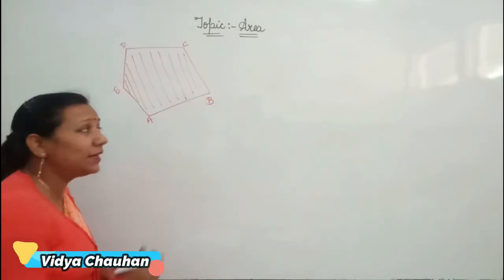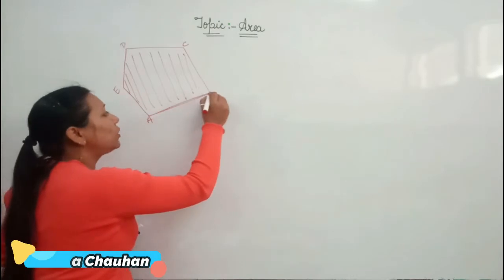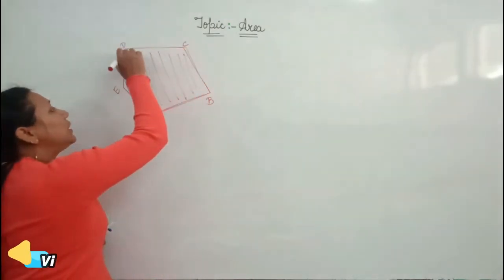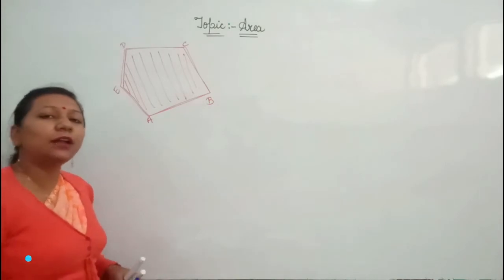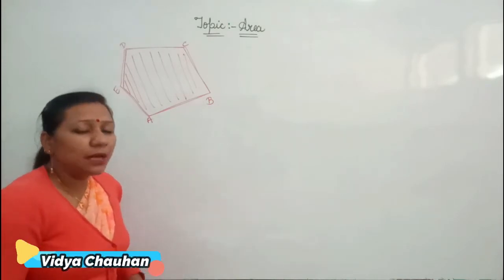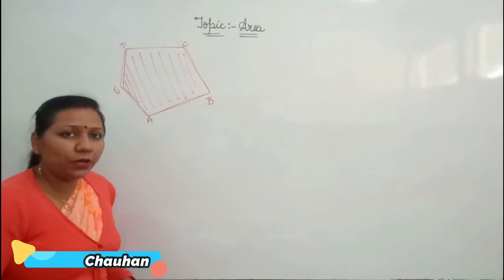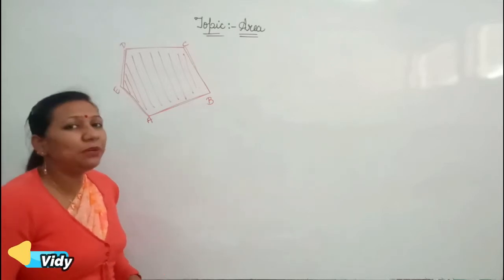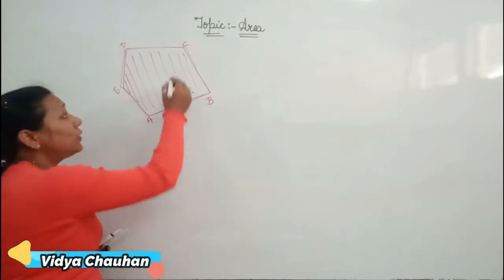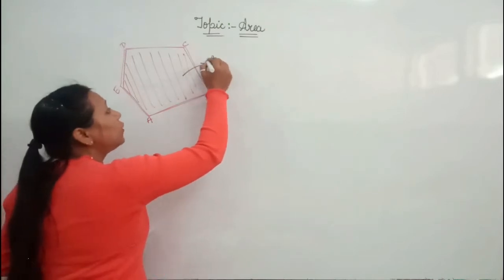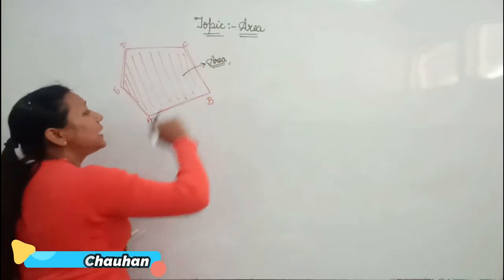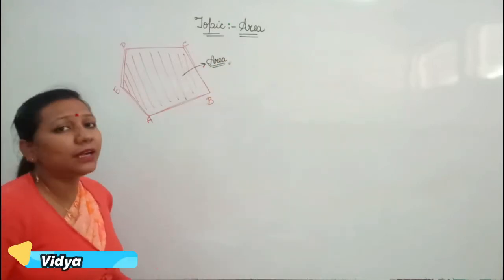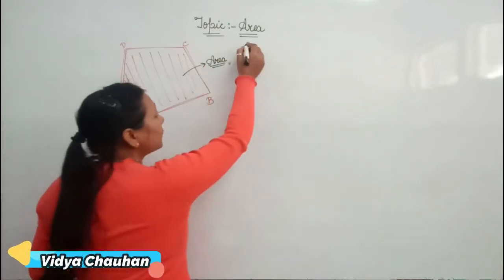What was perimeter? Perimeter was the sum total of its outer boundary. When we have calculated the total sum of all the outer boundary of a figure, that time we named it as perimeter. Now this space which is enclosed, or you can say the portion enclosed inside a closed figure, that is called area.